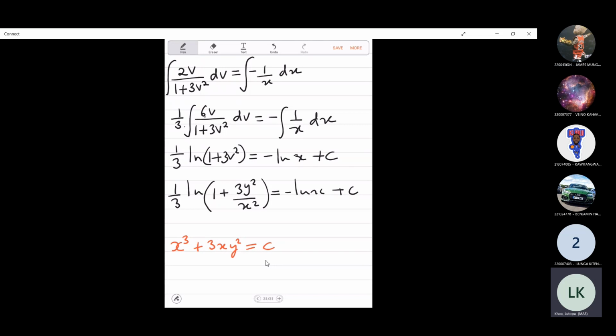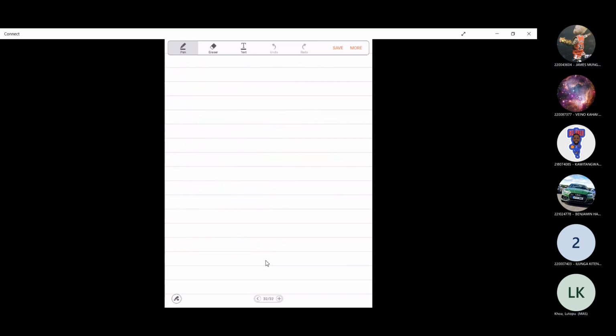And one more, number 7. Okay, number 7 is very long. Number 7, we have x squared plus y squared dy minus y squared dx is equal to 0.